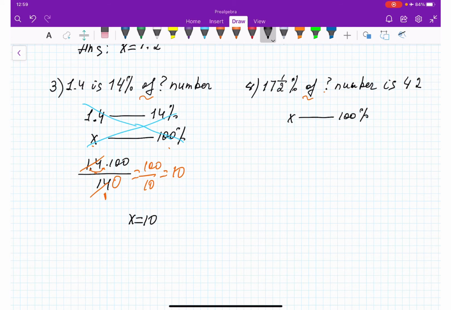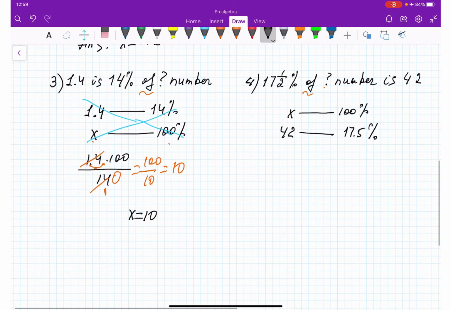And 17.5%, which is going to be 17.5%, is 42. So 42 is 17.5% of what number? So multiplying, cross multiplication, I'm getting 17.5x is equal 42 times 100.